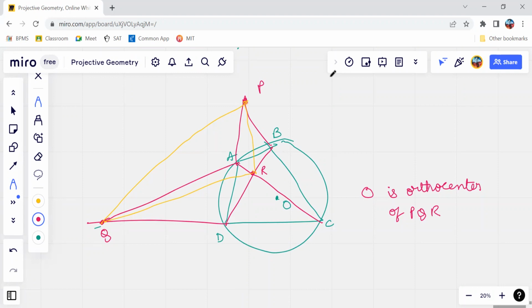If we just do it for one thing, by symmetry, it holds for the other things.